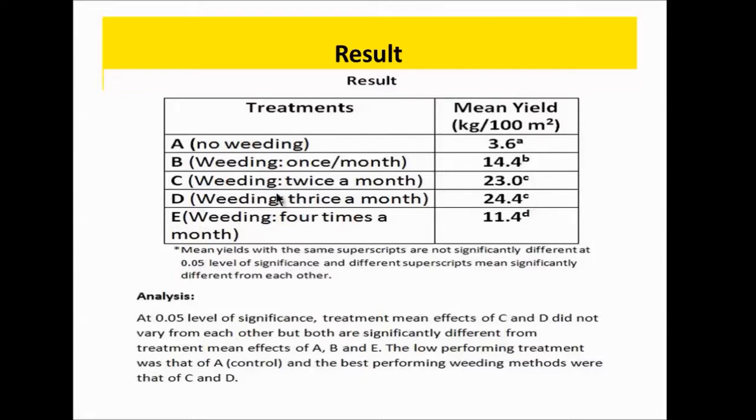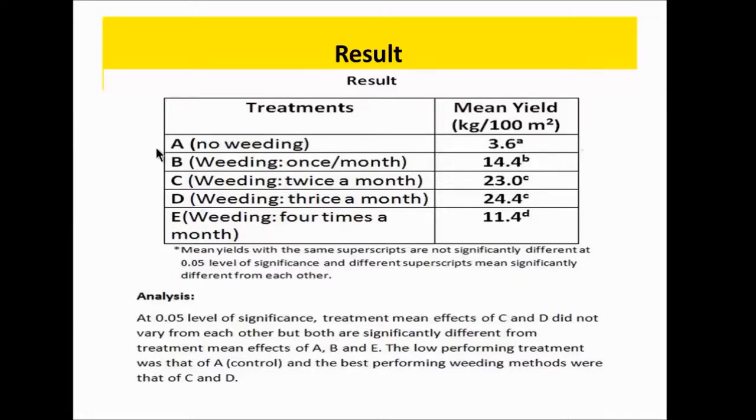So those means with the same letters like C and D show that they are not significantly different from each other, meaning the effects are almost the same, but they are significantly different compared to A and B and E.